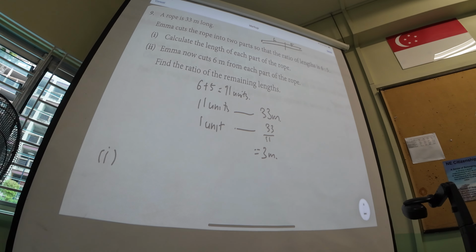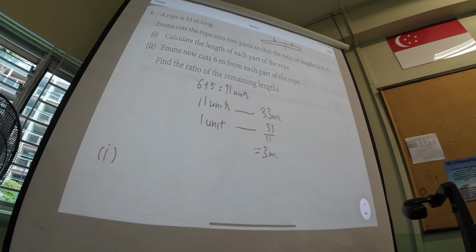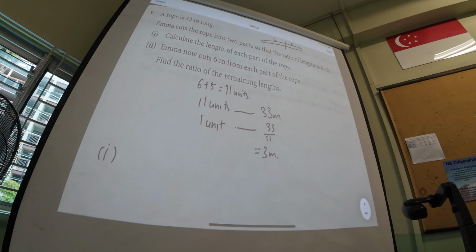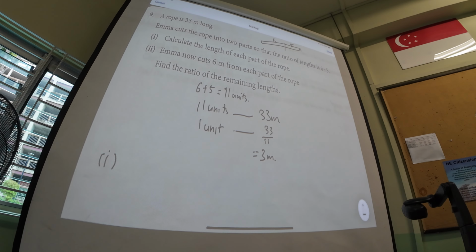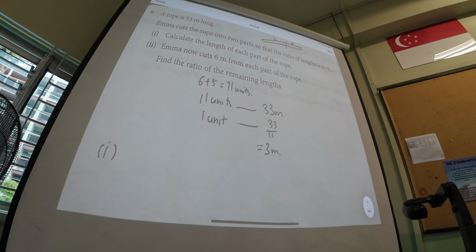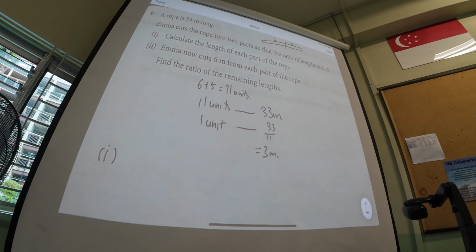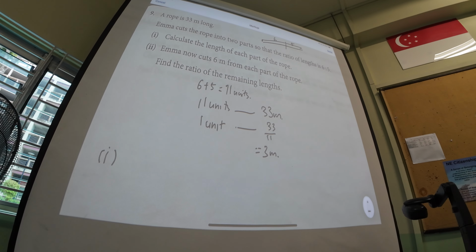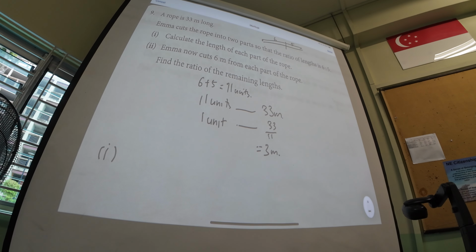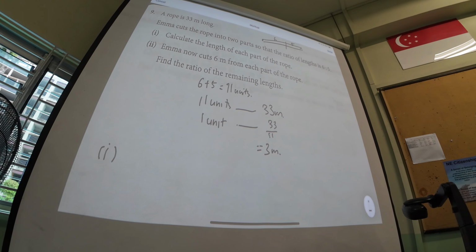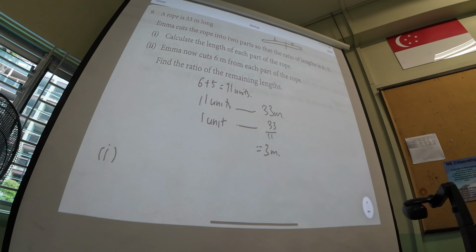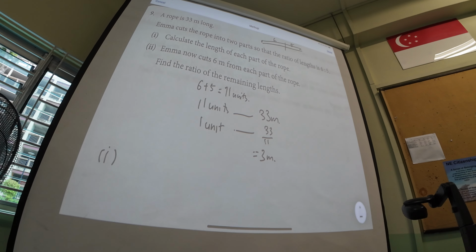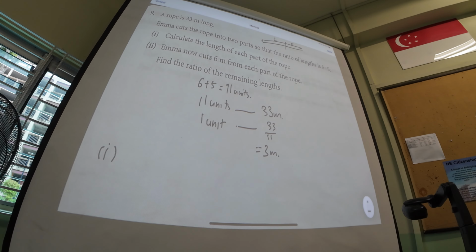But this 3 meters is not the answer to any of the question. It is just part of finding the answer to the question. What they are asking for is length of each part of the rope. Meaning, they want to know the two ropes that are cut out from it.